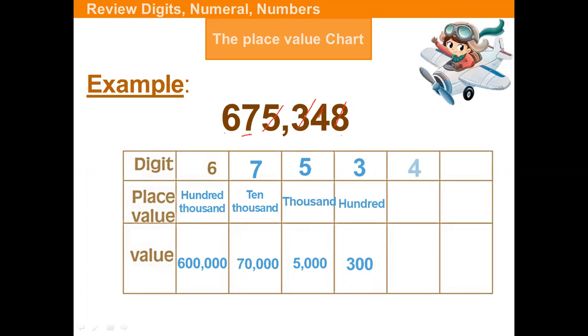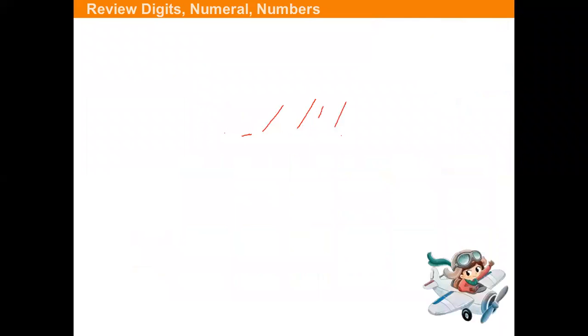What about the 4? 4 is a tens. How many zeros? We have only 1 zero. And the last one, it's 8. It's a ones and it's a poor, so it doesn't have any zeros.